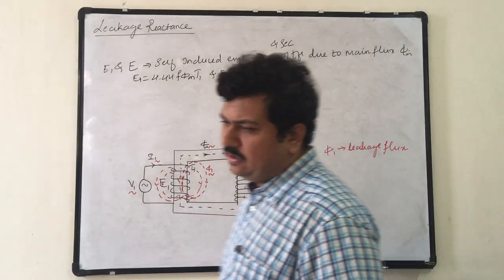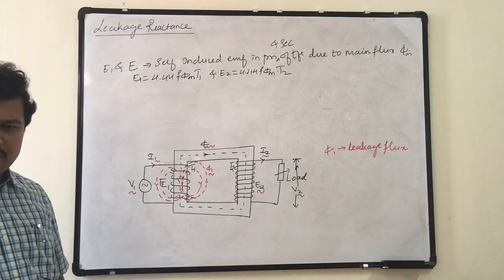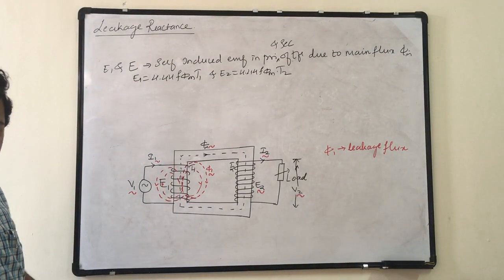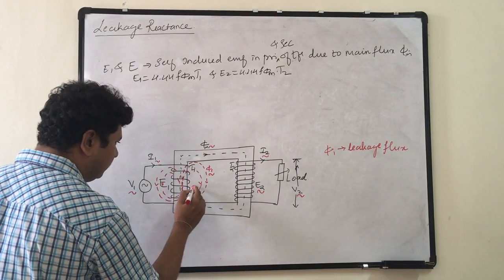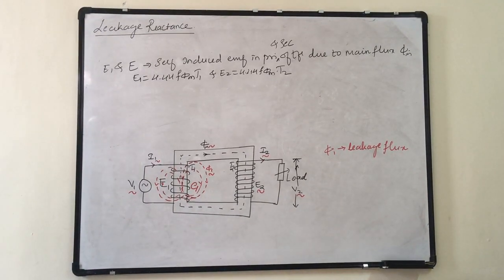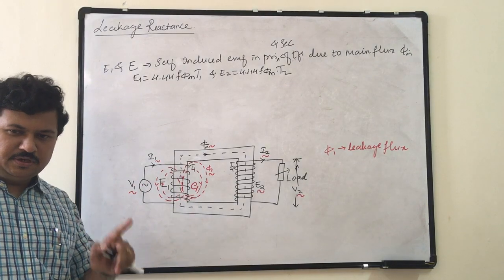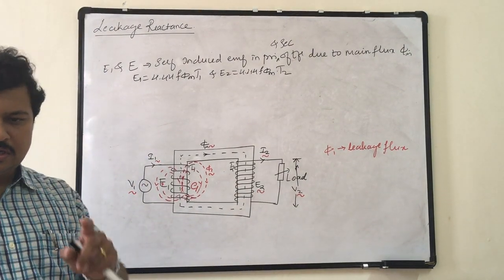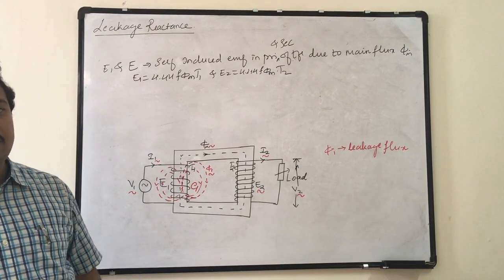Now what is this flux phi 1 doing? This flux phi 1 is not linking to the secondary, but it is linking only to the primary. Therefore, this flux phi 1 will induce an EMF, small e1, in the primary winding. So this small e1 is produced in the primary winding completely due to leakage flux, not due to main flux.